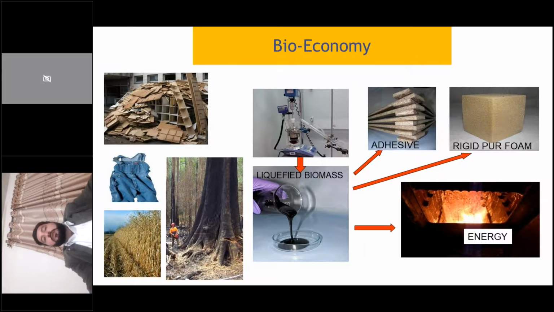We can also make liquefied biomass from it, which is also used as biodiesel. It is also used as an adhesive, for example, in plywood applications, and it can be converted to a very rigid pure form that can be used for many materials, and mostly it is used for production of energy also.